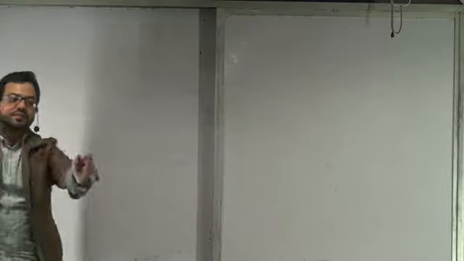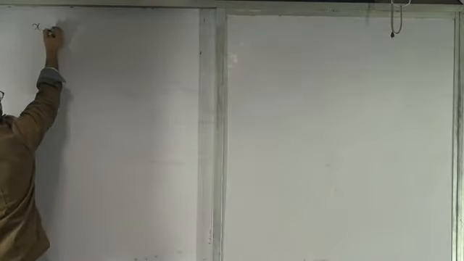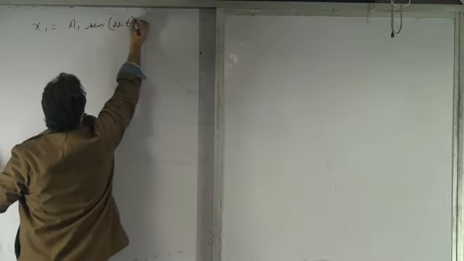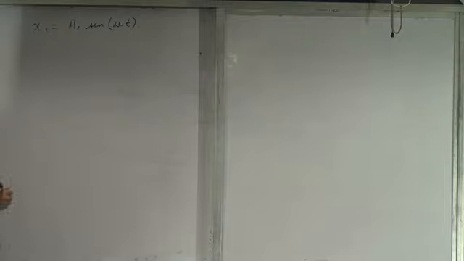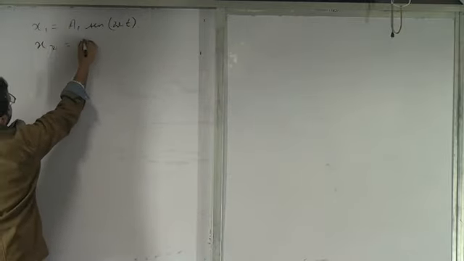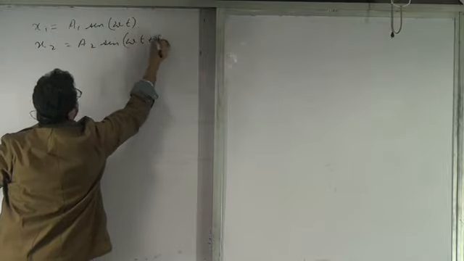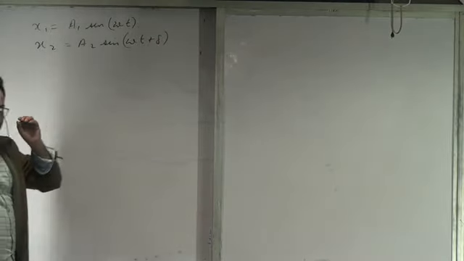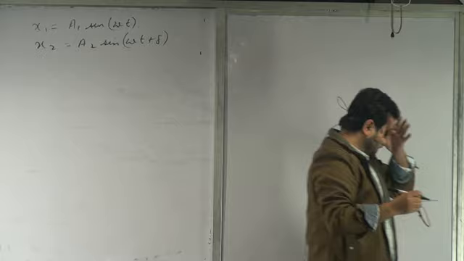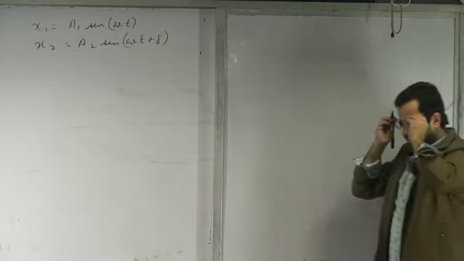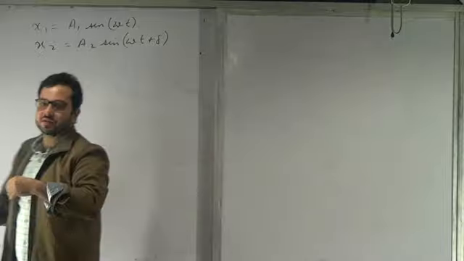Alright, so suppose the first SHM is given by x1 is equal to a1 sine omega t, and the other SHM is given by x2 equal to a2 sine (omega t plus delta). Okay, so what is the phase difference between these two SHMs? The phase difference between these two SHMs is delta.